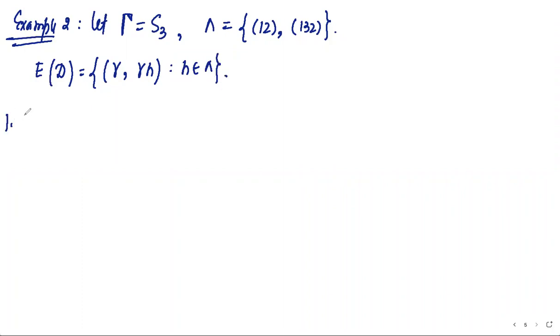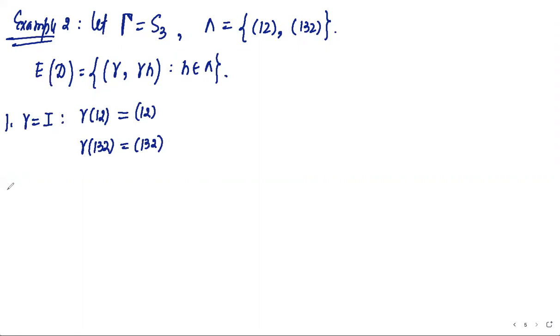Now first let's choose gamma is equal to identity. Then we have to find out gamma (1 2), and we also have to find out gamma (1 3 2). Now this will clearly be equal to (1 2), and this is equal to (1 3 2). Okay.